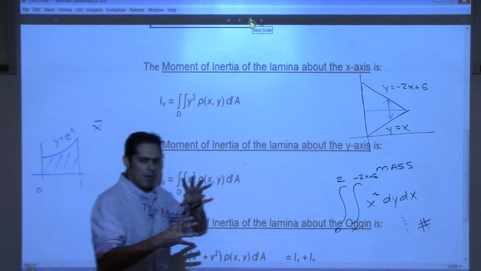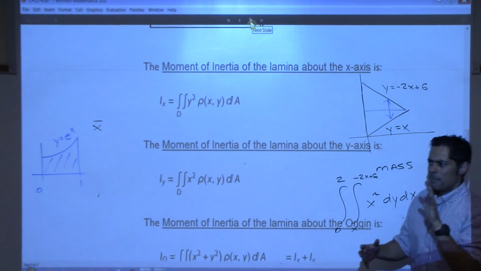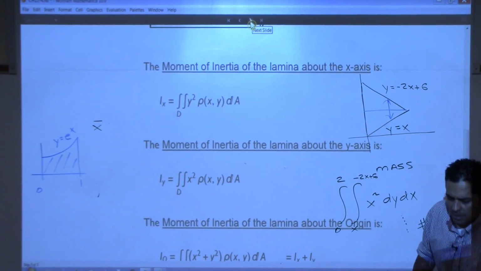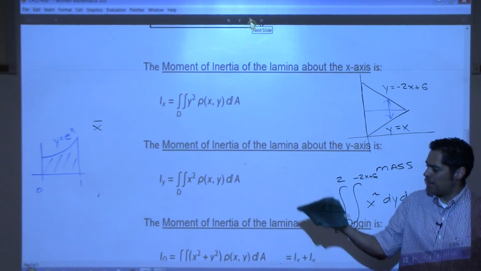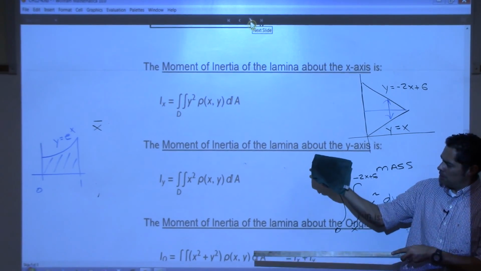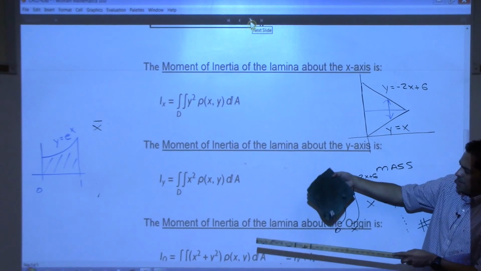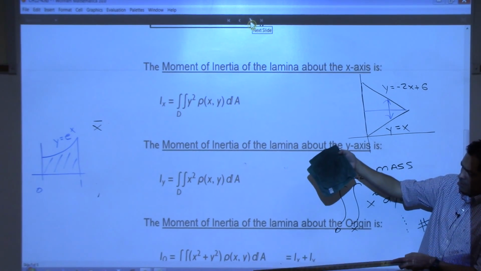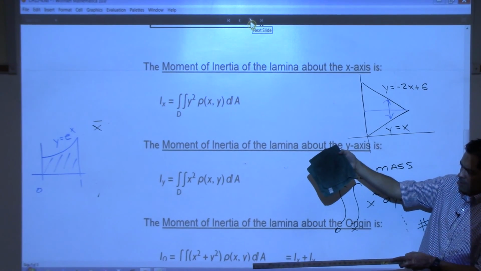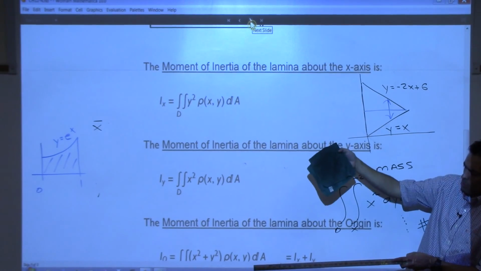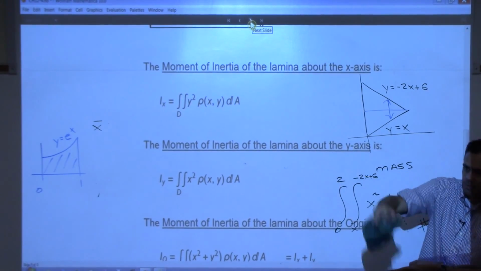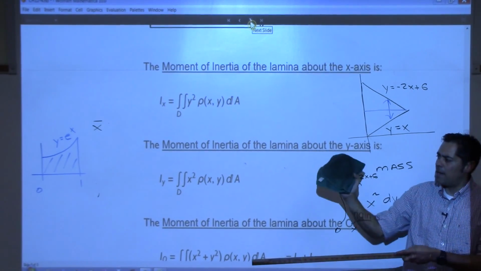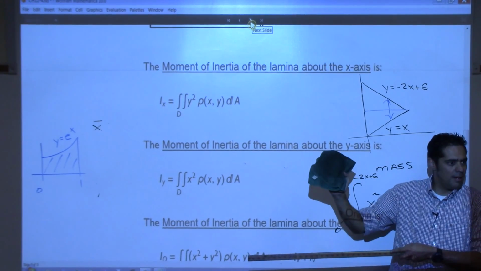Now, anyone know what the moment of inertia is? I'm sorry, I'm keeping you late. If I take this lamina, a flat sheet, it has a mass to it. And let's imagine that I want to rotate it around the x-axis, three-dimensionally. It has mass, so I have to push it, right?